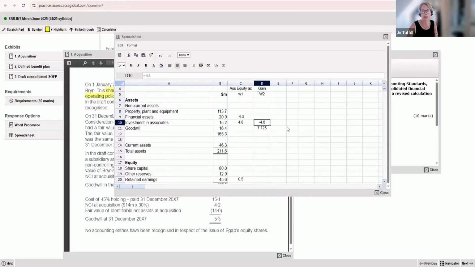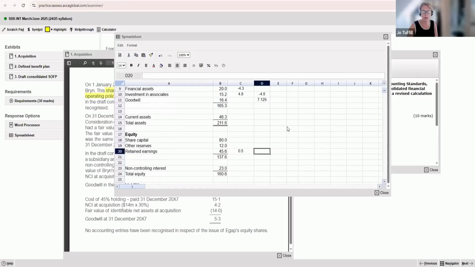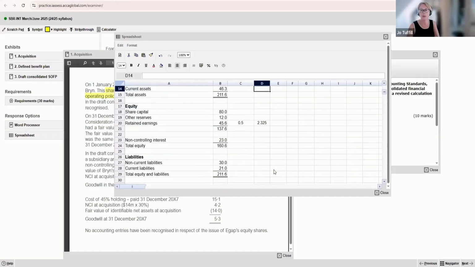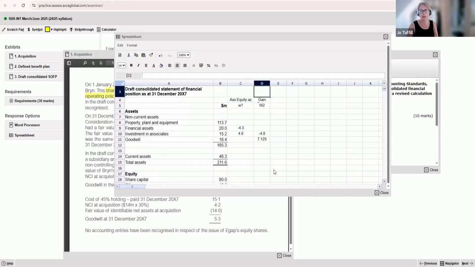And we then put the gain through, and that will be 2.3. So we've already now done the derecognition and allocated it to goodwill. So you just got to remember you've already done that when we come to the goodwill calculation.